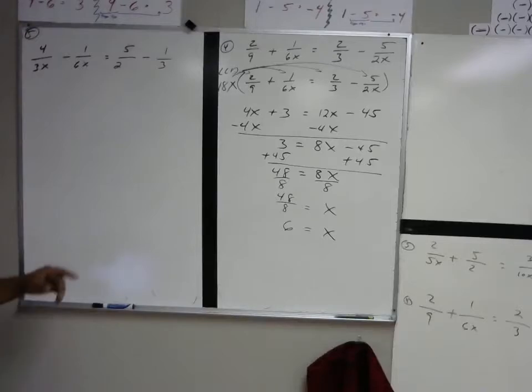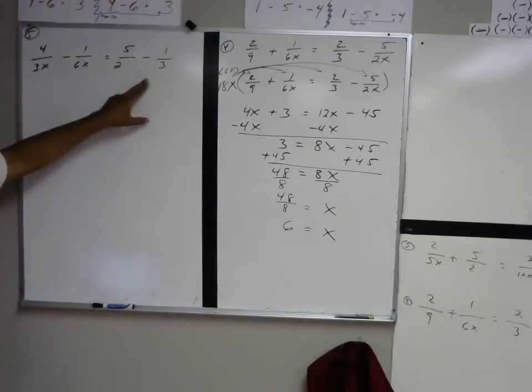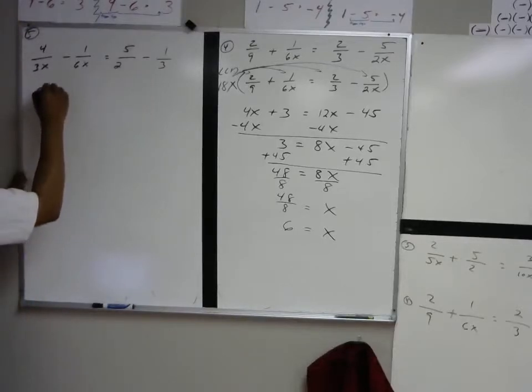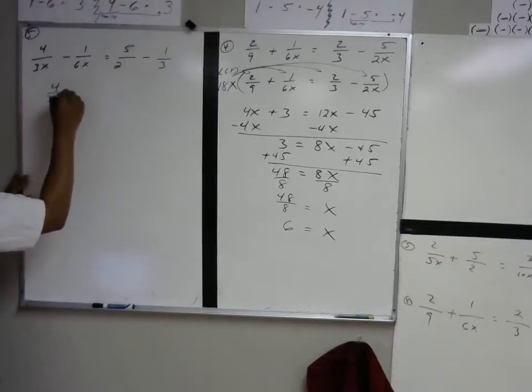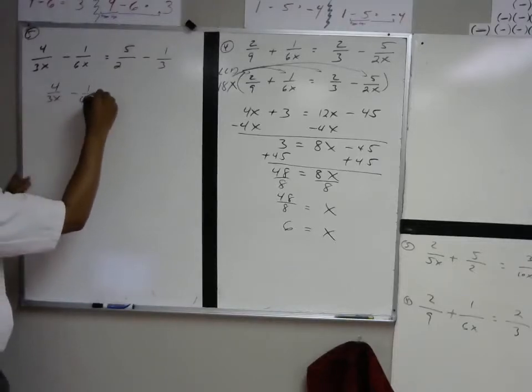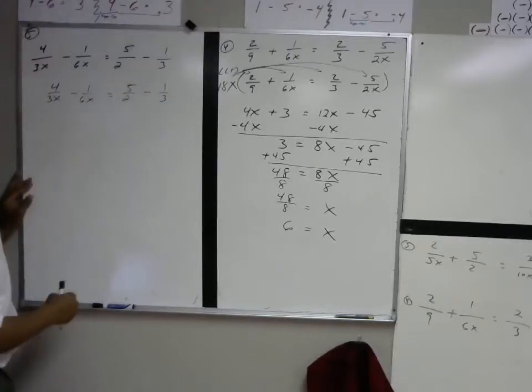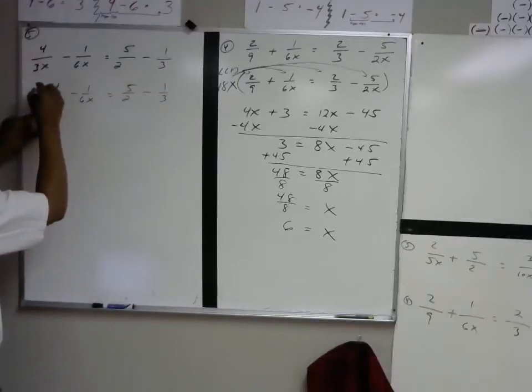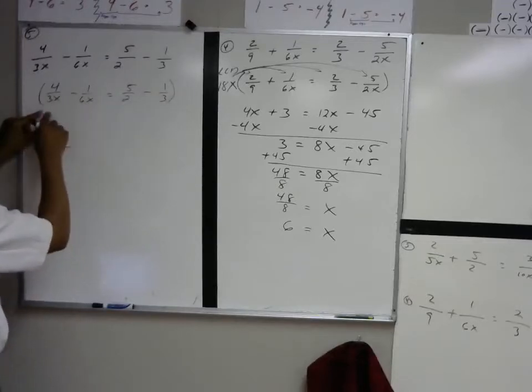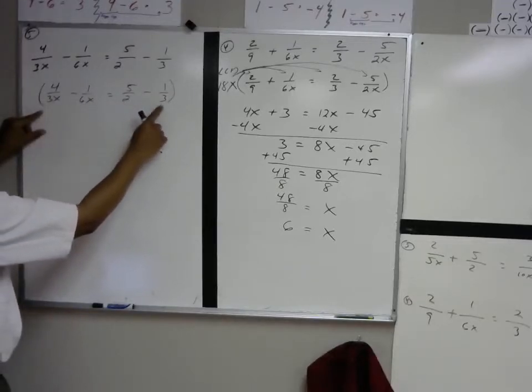Number 5. We're going to repeat this problem here, preserving the integrity of the original problem. And then we're going to look for the LCD. So we'll put this here. 3, 6, 2, and 3.